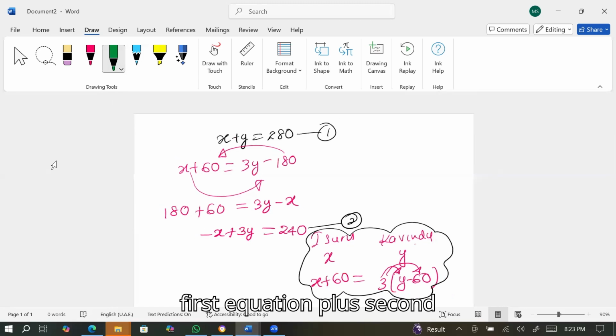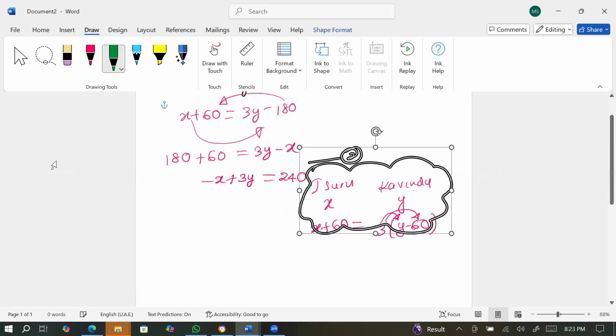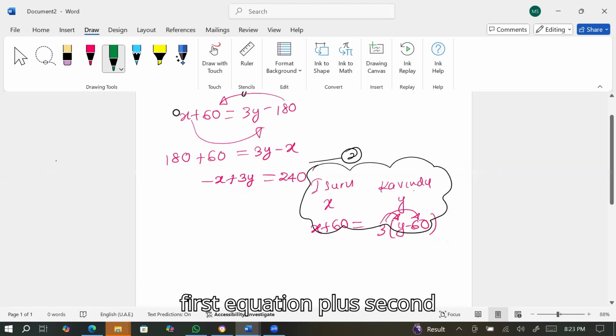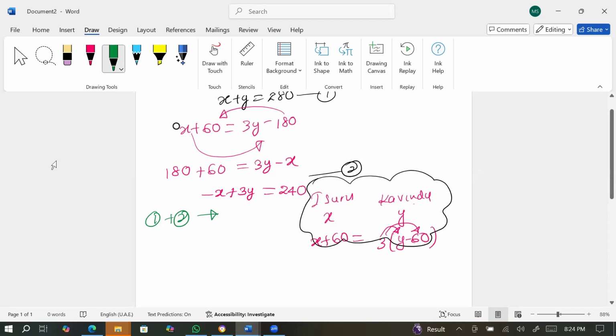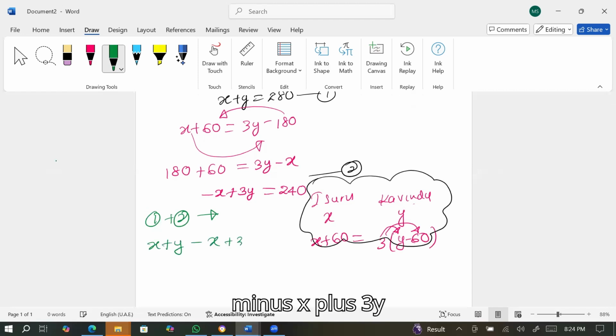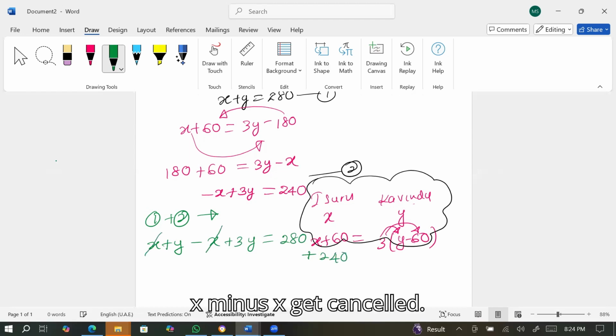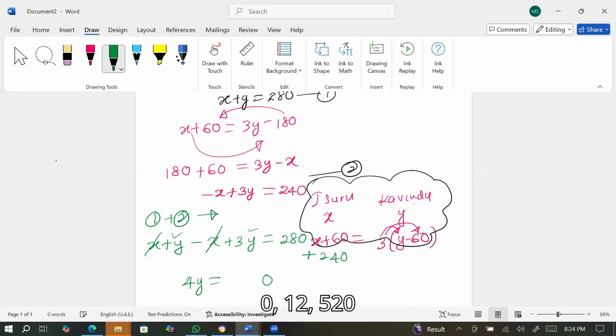Now we can solve this. First equation plus second equation. Then x plus y minus x plus 3y equals 280 plus 240. X minus x gets cancelled. Y plus 3y, 4y equals 520, right?